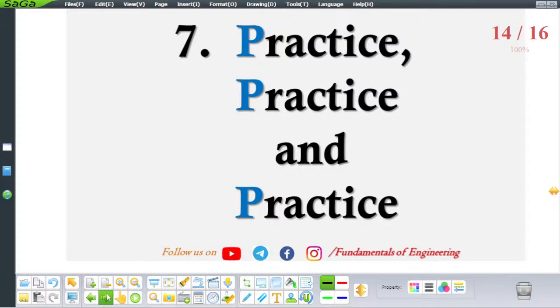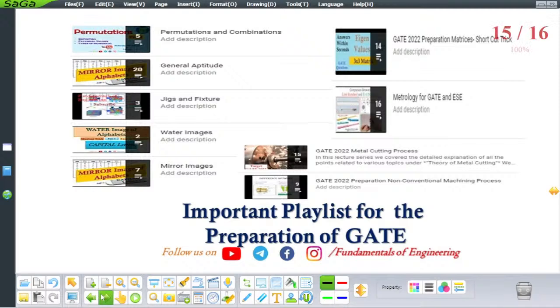The first link, whatever TCS iON, that first link you are getting, you have to use. And if you are practicing or solving questions using the virtual calculator, you have to download that Gate virtual calculator and practice. If you use the Gate virtual calculator only one time, then you will not get the answers perfectly. So you have to practice more, right?